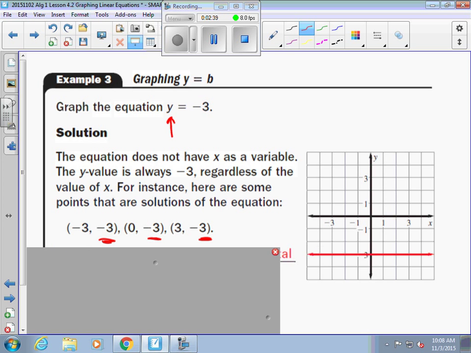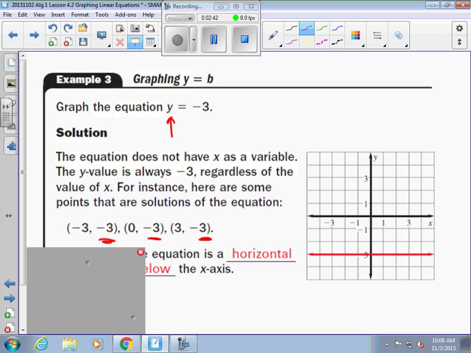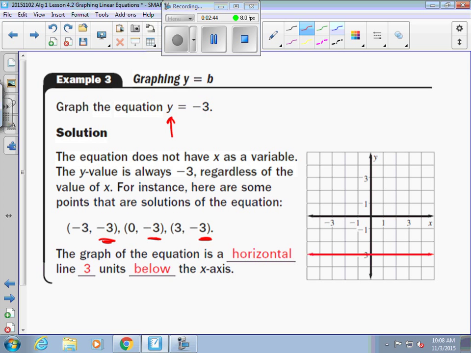No matter what your x value is, they're all -3. It just so happens that our x values are -3, 0, and +3. So the graph of the equation is a horizontal line 3 units below the x-axis.